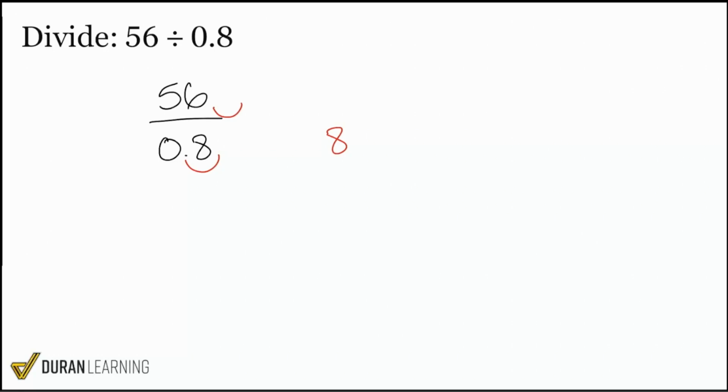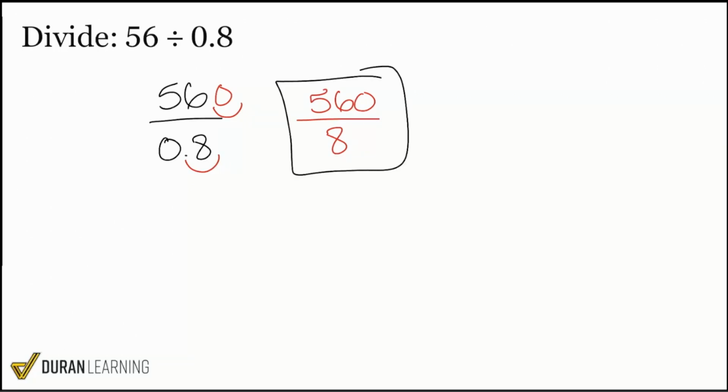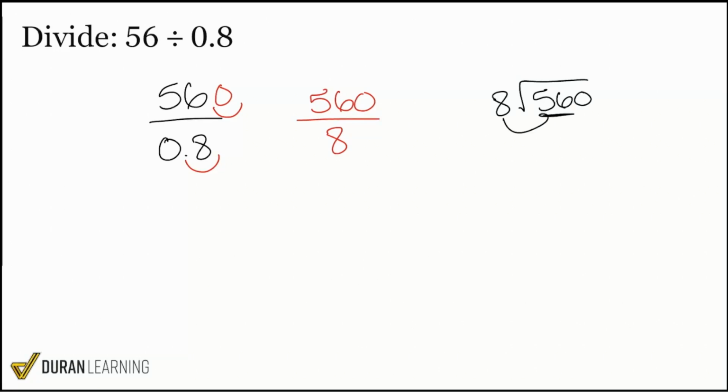So 56 becomes 560. And there we are. That's all we had to do to give ourselves better positioning to get this done without the headache. So that's it. We're good. We're done. We will do 8 going into 560. We know that 8 goes into 56 7 times.